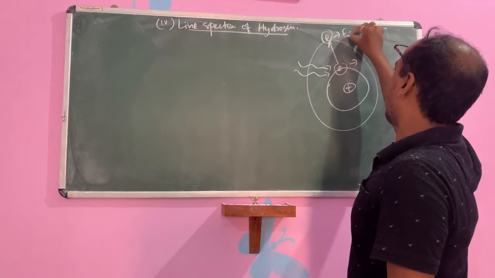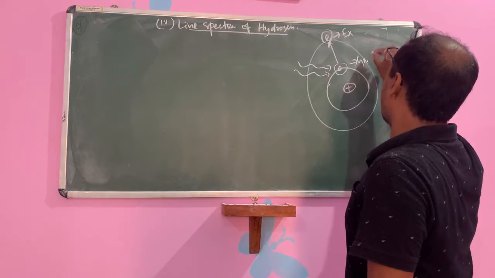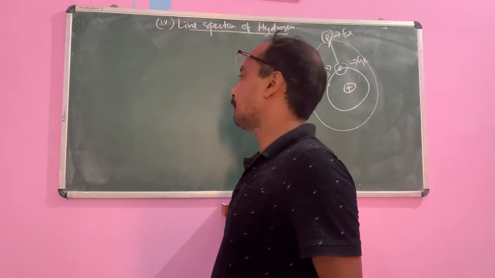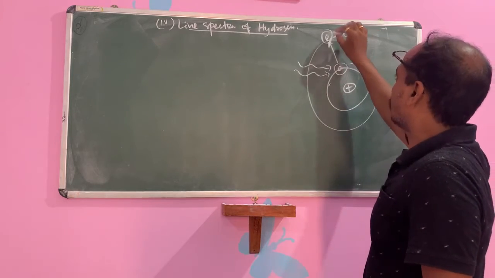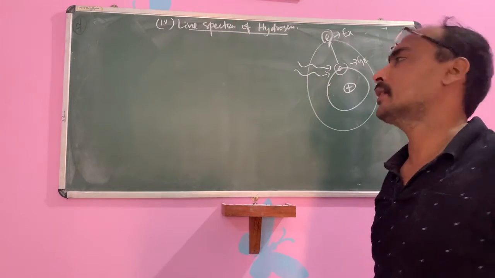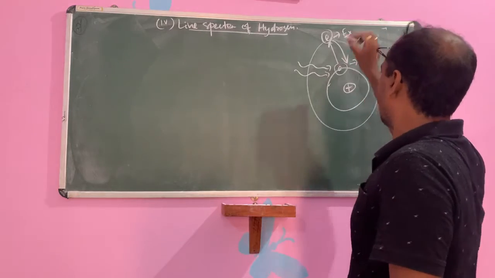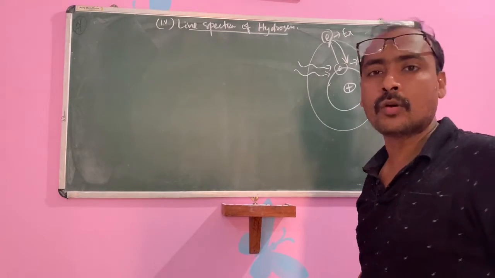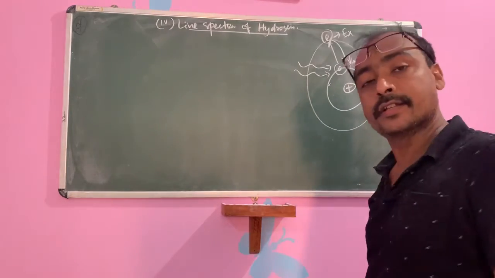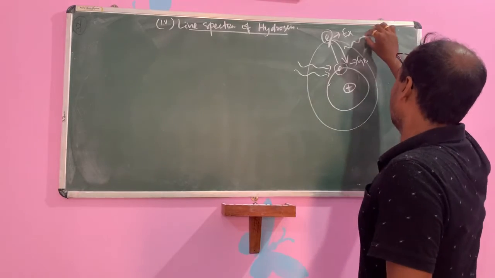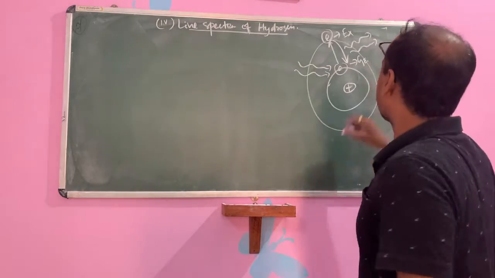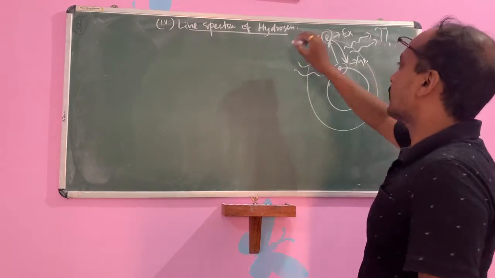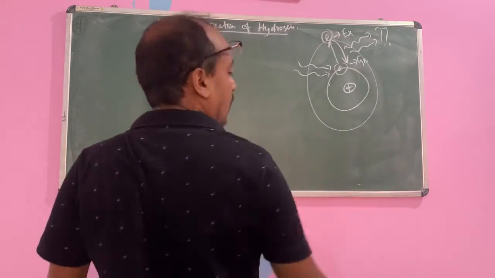We will discuss this in Bohr's postulates. But the electron is not stable at the higher energy state, so it returns to its original ground state, the lower energy state, by emitting radiation. That radiation is known as the line spectra of hydrogen.